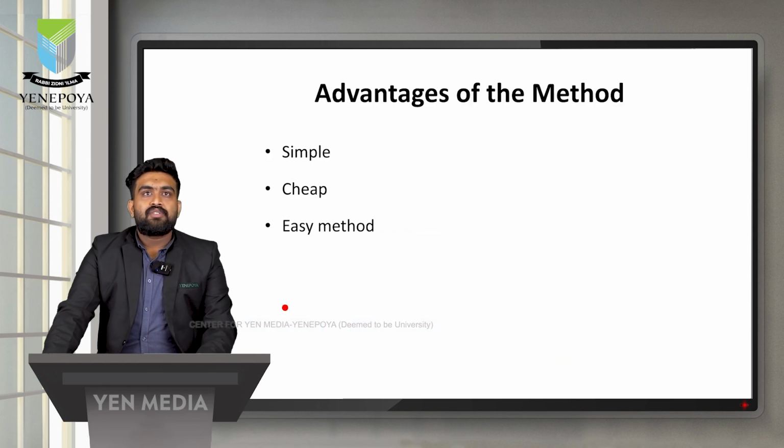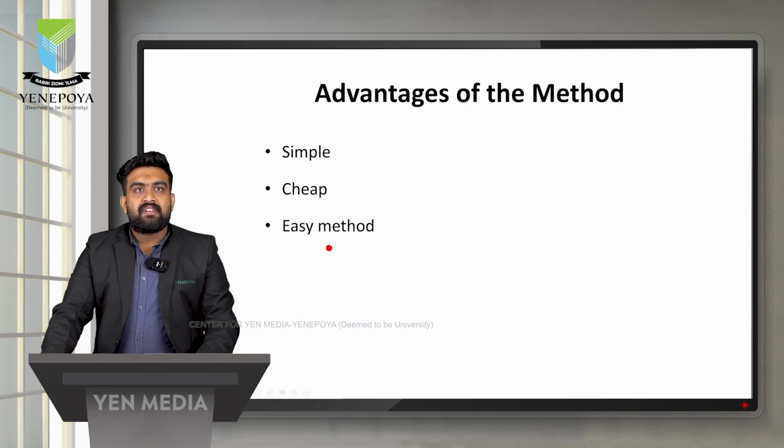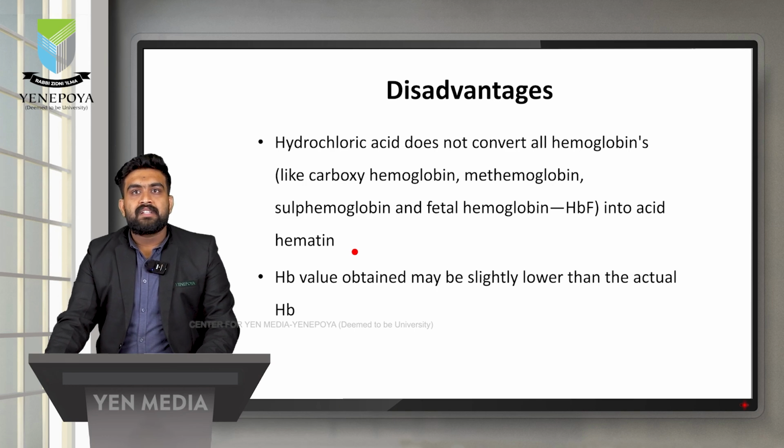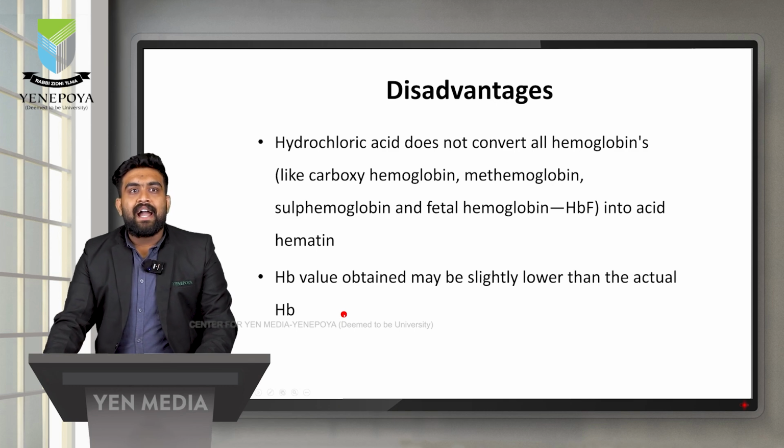That will be the hemoglobin value. Coming to the advantage of the method, it is a simple, cheap and easy method. Coming to the disadvantage, HCl does not convert all hemoglobins, for example carboxyhemoglobin, methemoglobin, sulfhemoglobin and fetal hemoglobin, into acid hematine. The Hb value obtained may be slightly lower than the actual Hb.